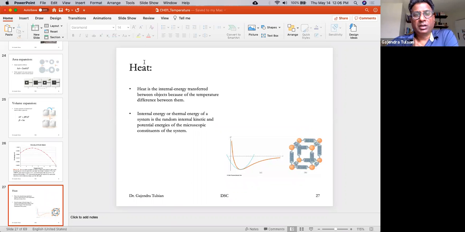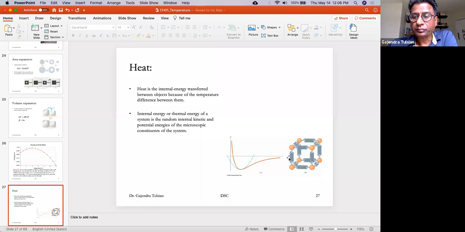All right, so now we'll define heat. So here's a model of a solid. At any given temperature, these water molecules are vibrating, okay? So there's random kinetic energy and potential energy associated with every particle. So the internal energy is a sum of the random kinetic and potential energy of all the particles.